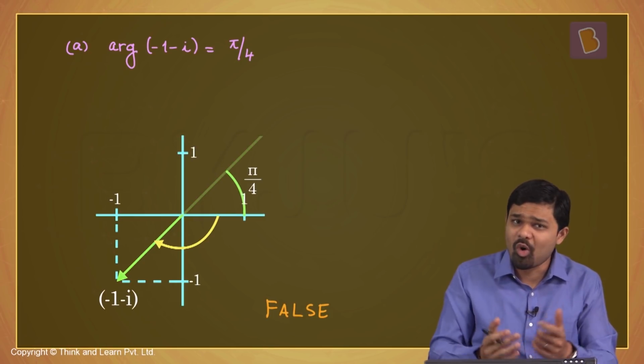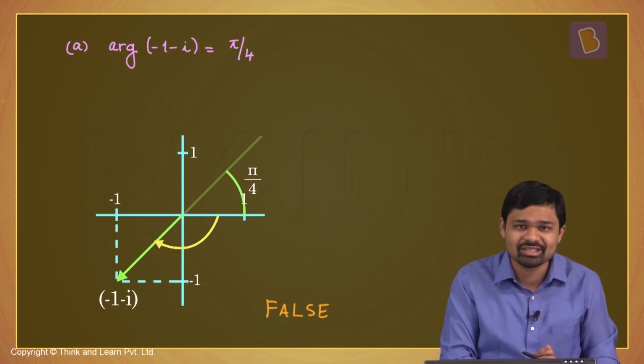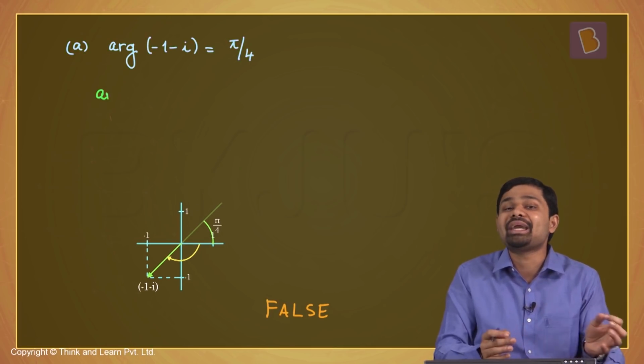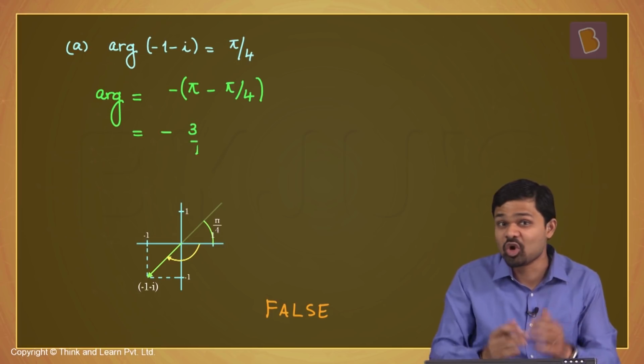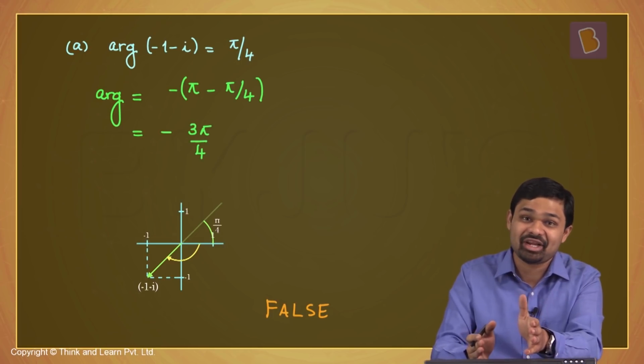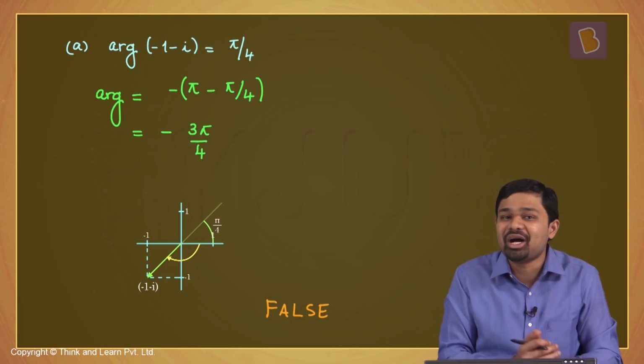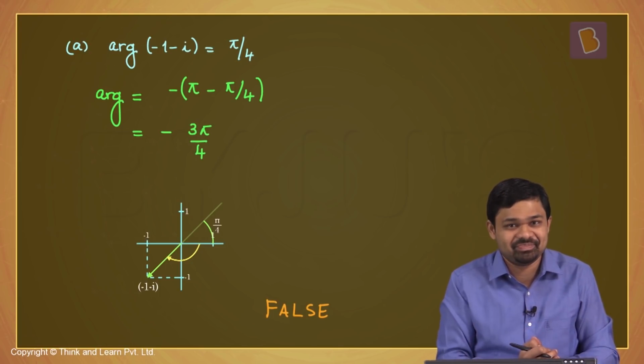Technical details: what is the argument of -1 minus i? It's nothing but minus of pi minus pi by 4, which is minus 3 pi by 4. So already I've got one answer correct, which means I've already got some partial marks for this question.